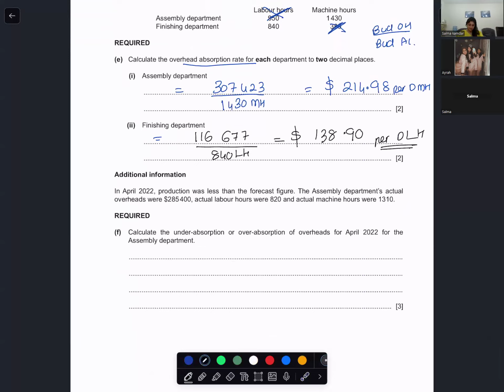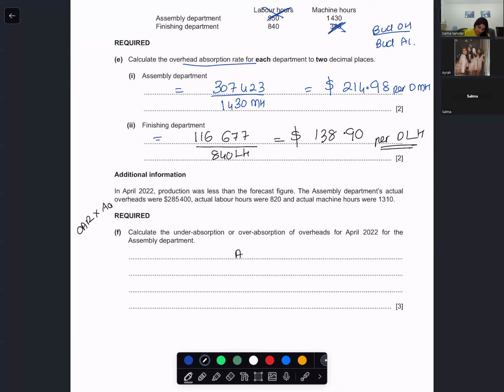The actual overheads are compared with the overheads recovered. How do you find the overheads recovered? You multiply the OAR into the actual activity level. Okay, let's take one by one.